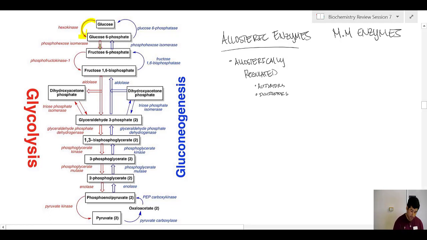We see reversible arrows here and here. You see there's one going down and one going up. That pretty much means that it's reversible. But if you look over here with hexokinase, which is the enzyme, you only see one direction.